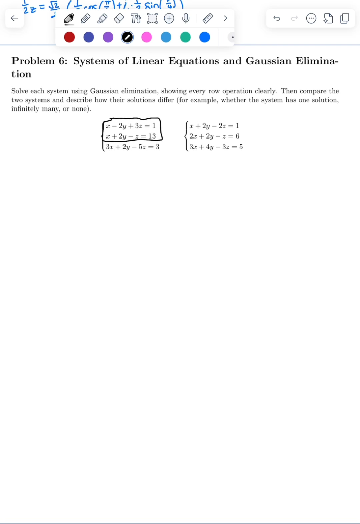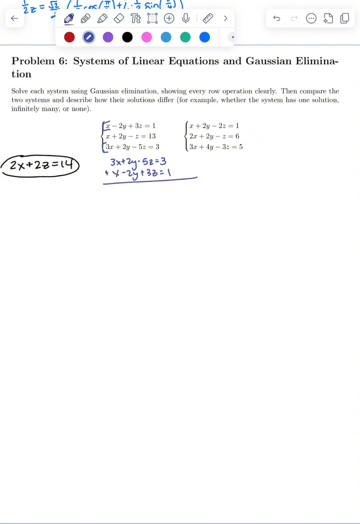For number 6, we're going to start by adding the first two equations in the system together. We get 2x plus 2z equals 14, because we're canceling out y. We're going to do the third one minus the first one, to also cancel out y, which leaves us with 4x minus 2z equals 4.